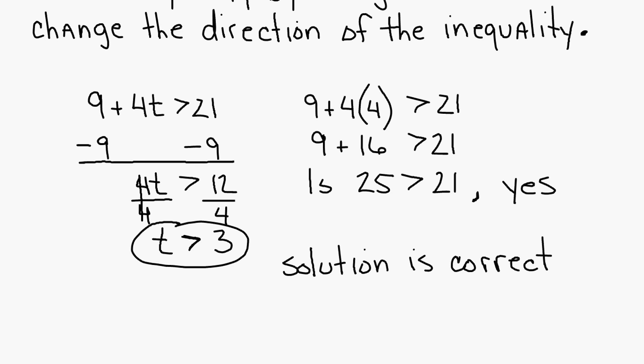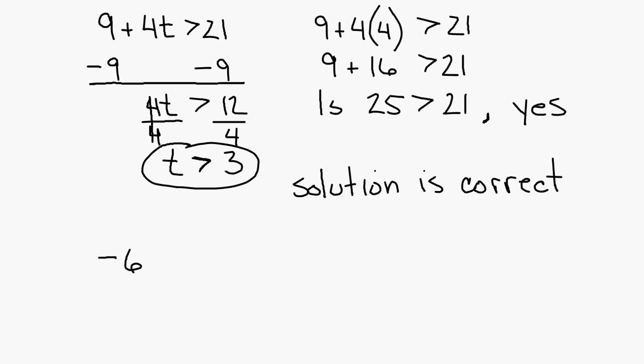Negative 6a minus 7 is less than or equal to 17. Now, in this case, there's a negative number in front of the variable. And this is where you have to be careful when you're solving inequalities. So in this inequality, your first step would be to add 7 to each side.